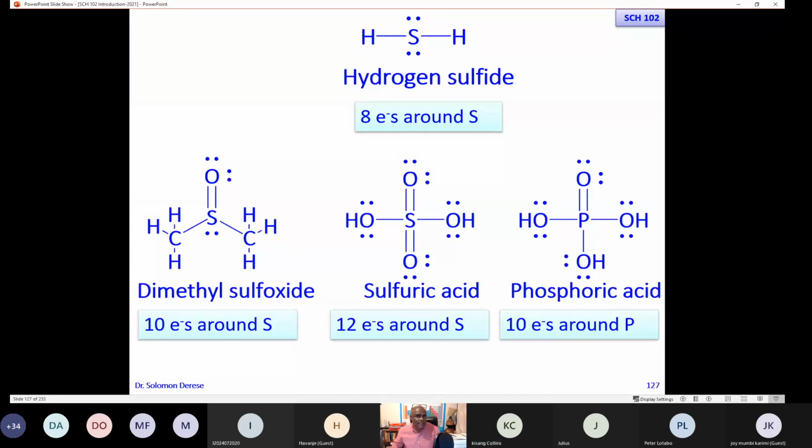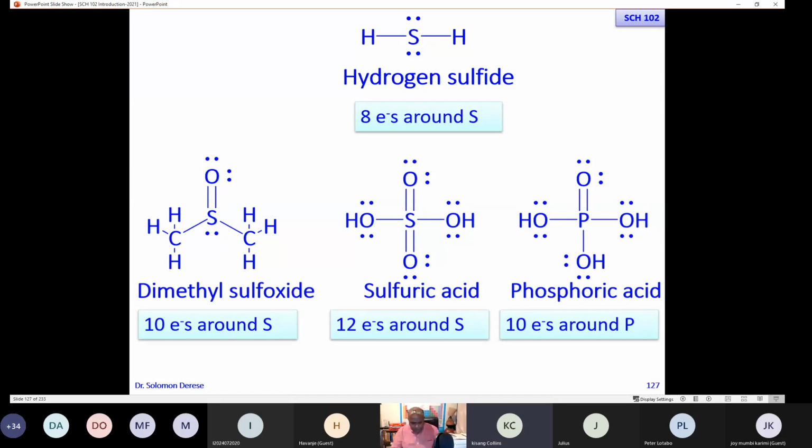They can have 8 electrons, as in the case of hydrogen sulfide. They can also have 10 electrons, as in the case of dimethyl sulfoxide. They can have 12 electrons, as in the case of the sulfur in sulfuric acid, or phosphorus can have 10 electrons, as in the case of phosphoric acid.